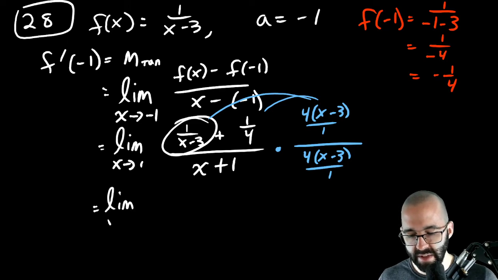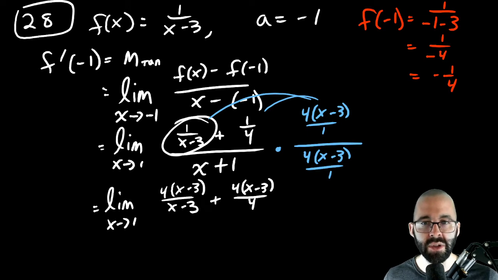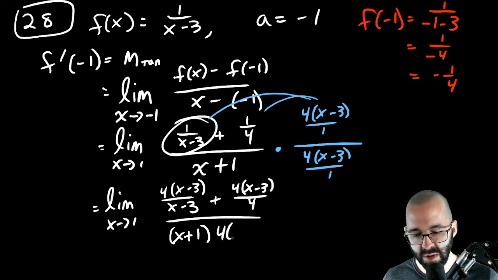So we get the limit as x approaches 1, 4 times x minus 3 divided by x minus 3, plus 4 times x minus 3 divided by 4. Multiplying fractions is multiplying the tops together and multiplying the bottoms together. In the bottom, we're going to have x plus 1 times 4 times x minus 3.